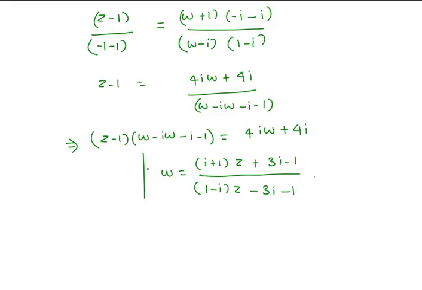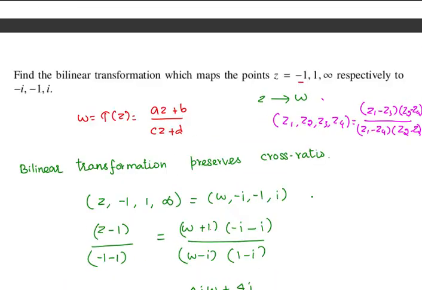So this is our required bilinear transformation. Whenever any three points are given, to find the bilinear transformation we use this result only: any bilinear transformation preserves the cross ratio. Then you can write it with these points like that. Thank you for watching this video.